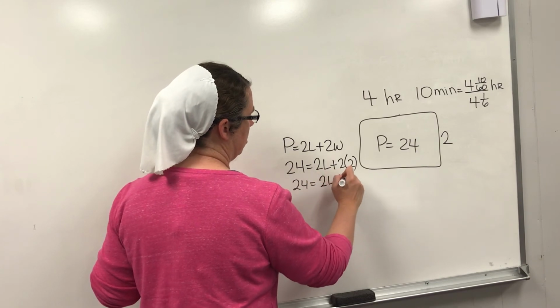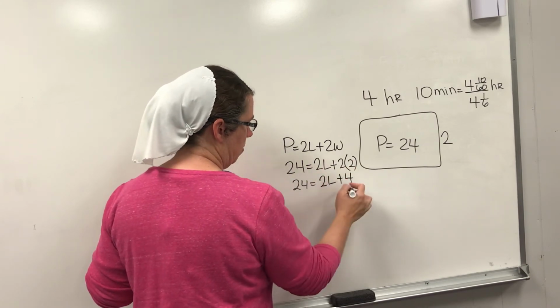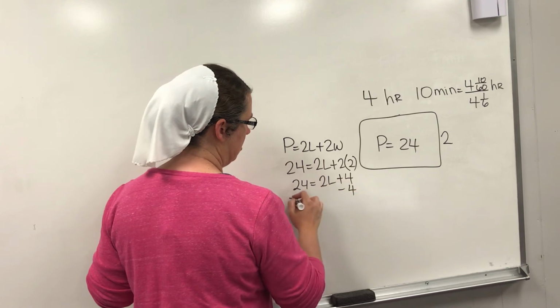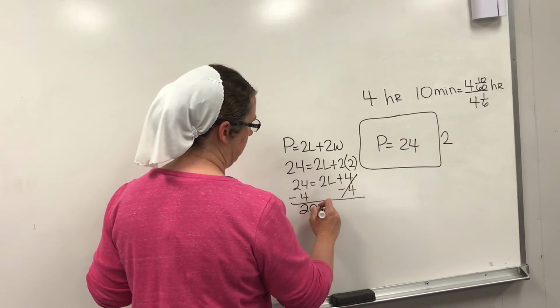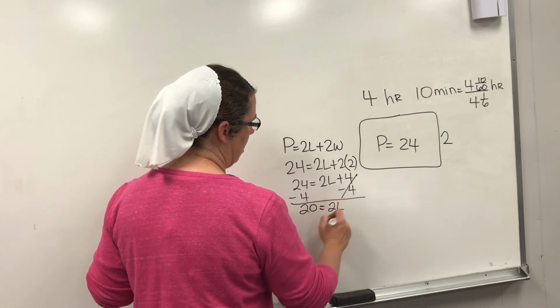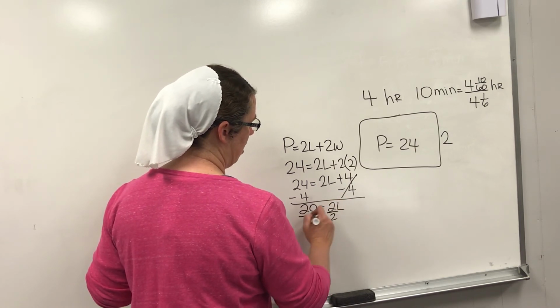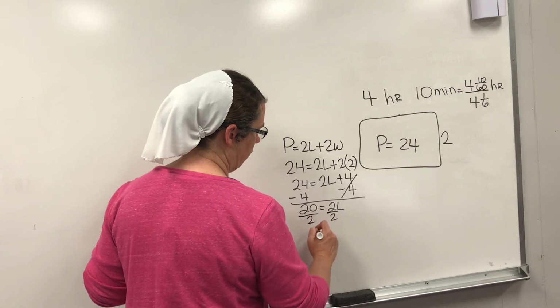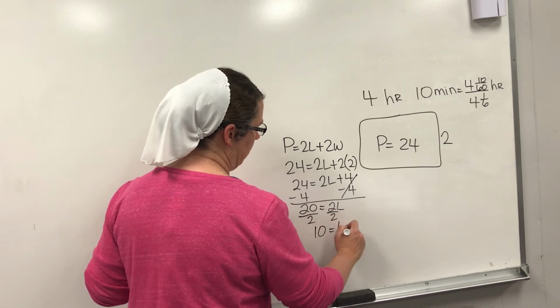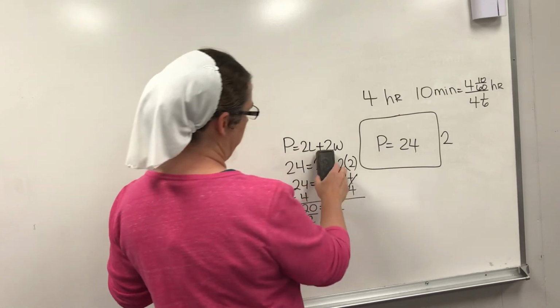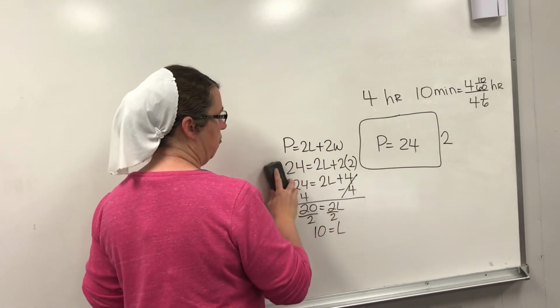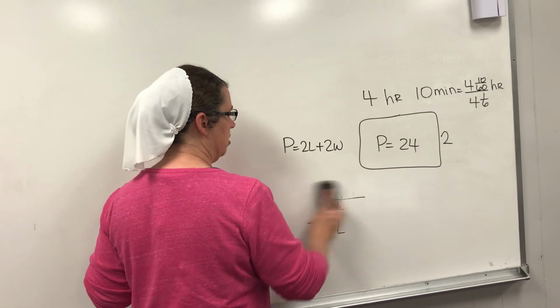So 2 length plus 4. Let's get the L by itself. We need to subtract 4 from both sides. Then we need to divide both sides by 2 to get L by itself. L equals 10. Okay? Make sure you know the perimeter formula, put in what you know, and solve for L.